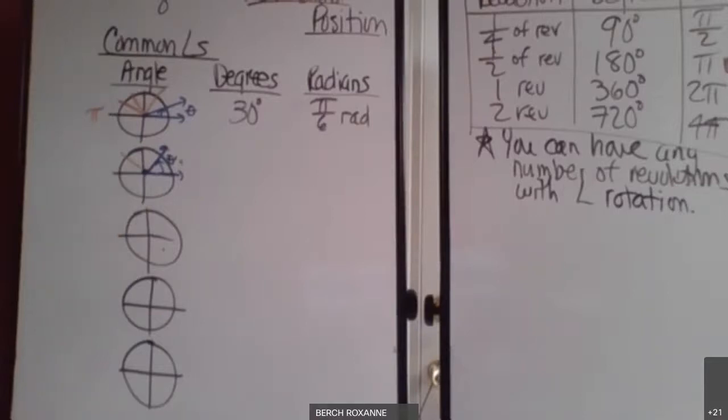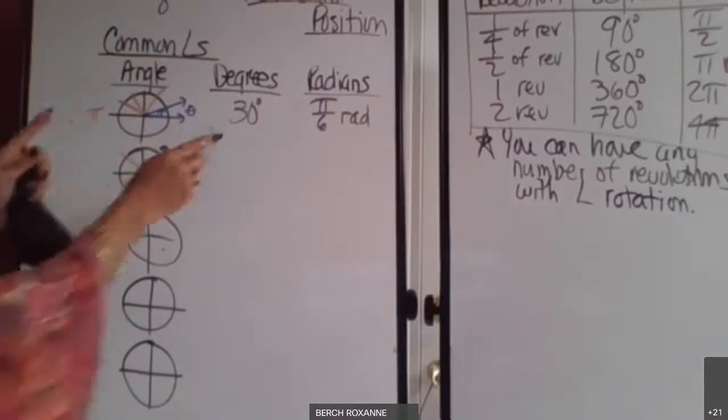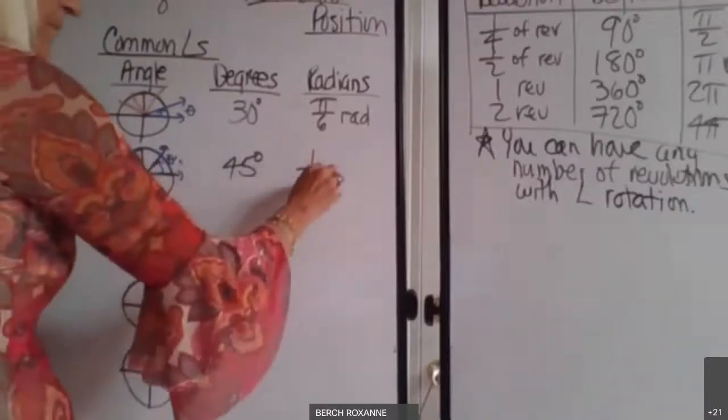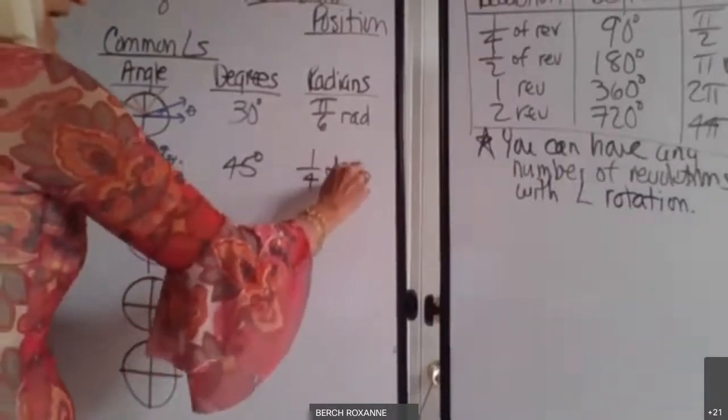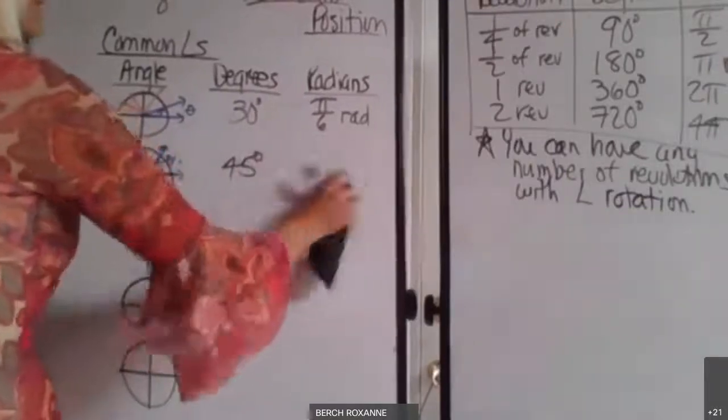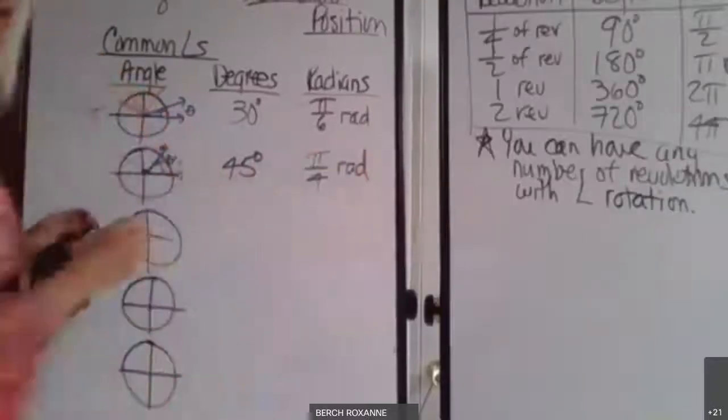It would be a fourth of pi, 45 degrees. Well, first of all, it's 45 degrees. But what would it be in radians? 1/4 of pi. And 1/4 of pi would be pi divided by 4, pi over 4 radians. So see how it's going to be easier to work in radians?